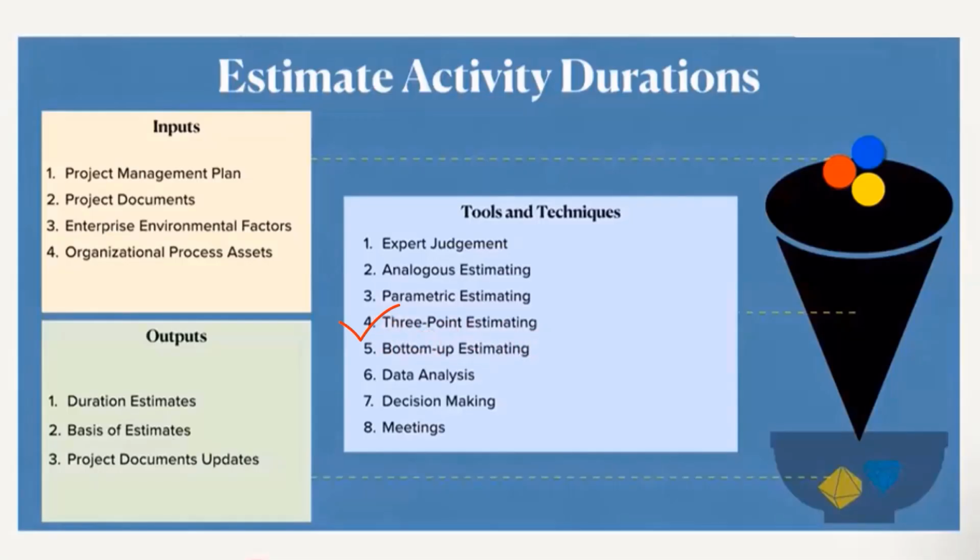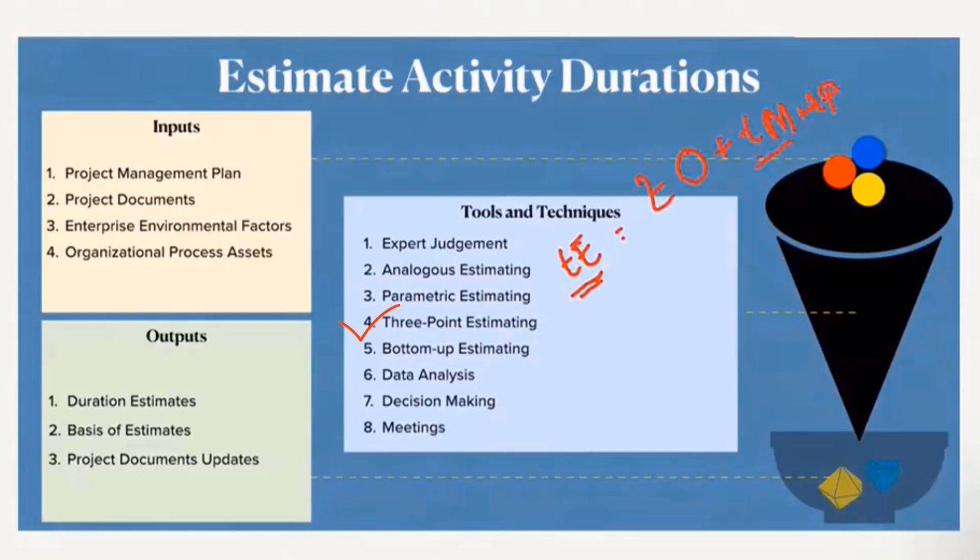What is this? We have done analogous estimating and parametric estimating based on previous experience, right? So in 3-point estimation, let me make use of the pen. This is 3-point estimation. The name is TE, and it is nothing but an average of TO, TM and TP.